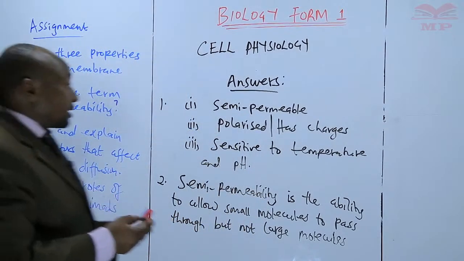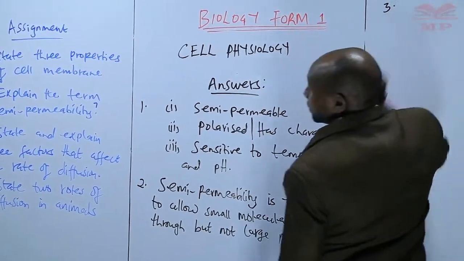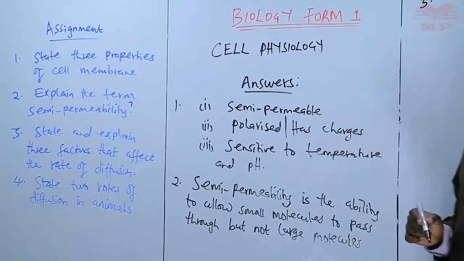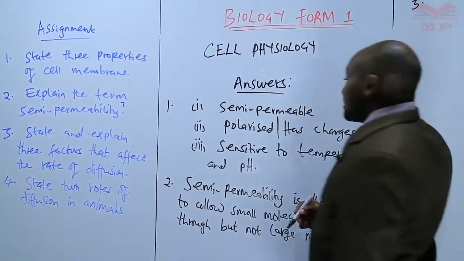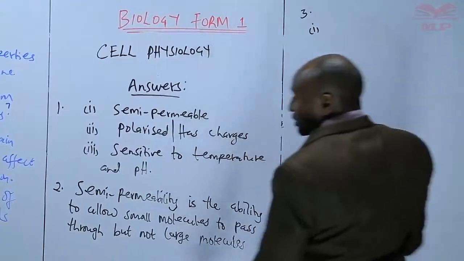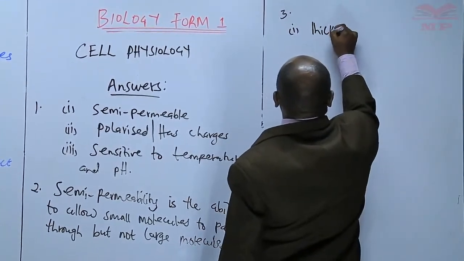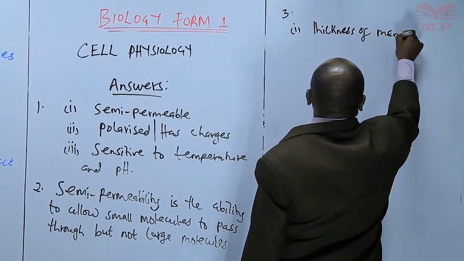To go through question number 3, we are told to state and explain 3 factors that affect the rate of diffusion. These factors are as follows. There are more than 3, but you just highlight 3. 1, there is the thickness of membranes.